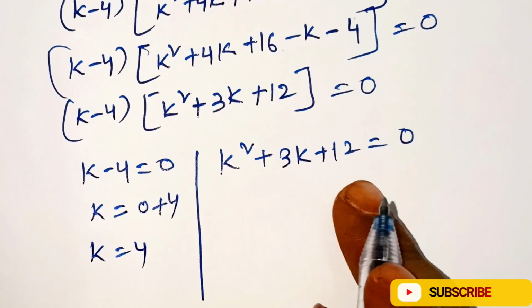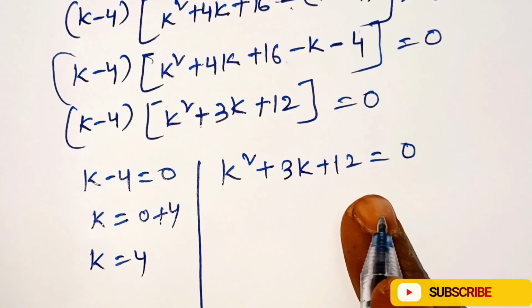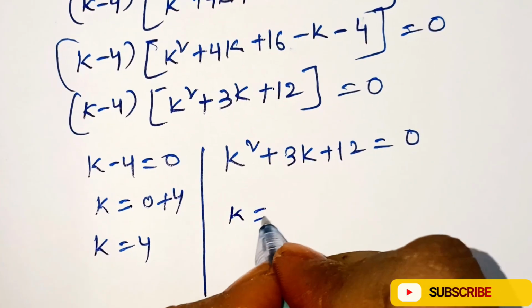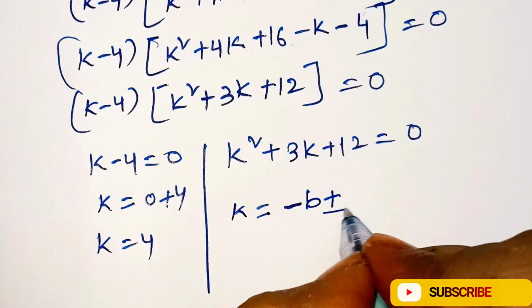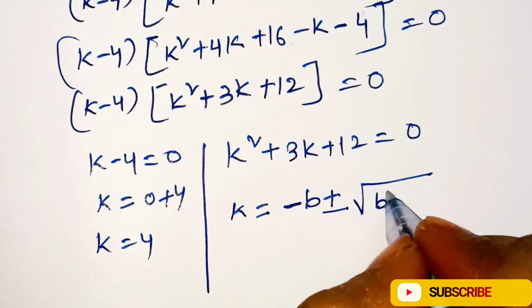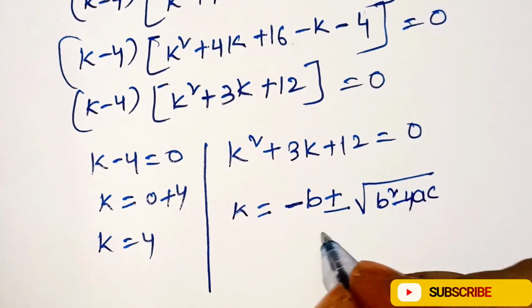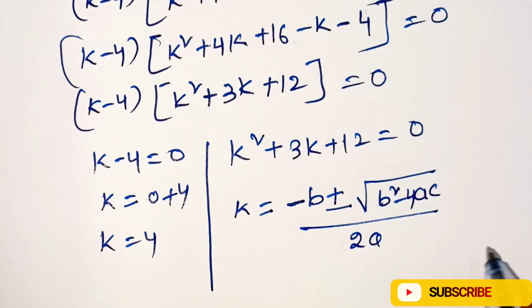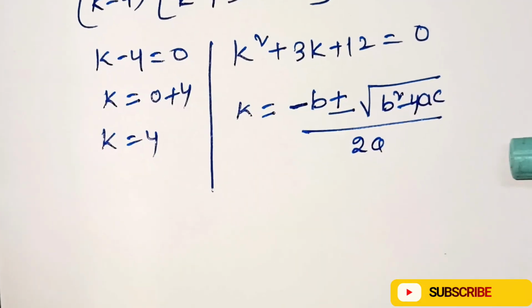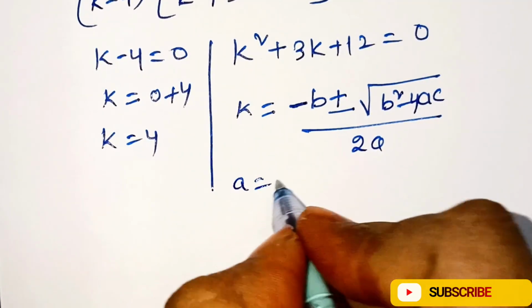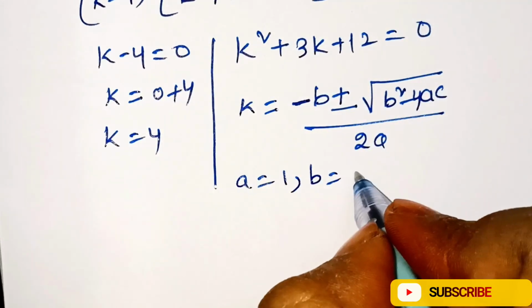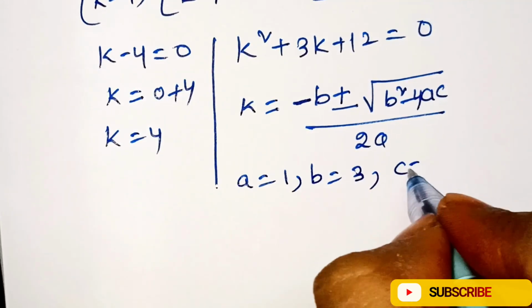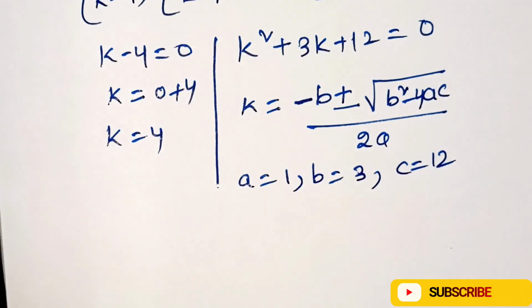Here this is a quadratic equation. k equals minus b plus or minus root over b square minus 4ac, divided by 2a. Here a equals 1, b equals 3, c equals 12.